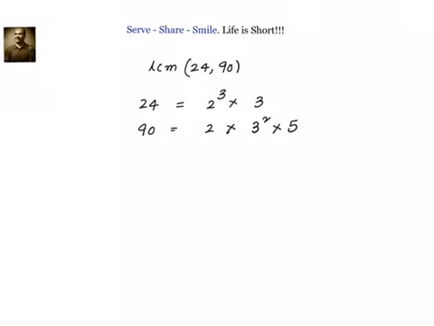Now whatever we did last time, if you remember how to find out the HCF, and just now we know how to find out LCM. HCF is given by the product of the least powers of common factors. What are common factors? 2 and 3 are common factors. What is the least power? Here the least power is 1, so 2 into 3, that is equal to 6.